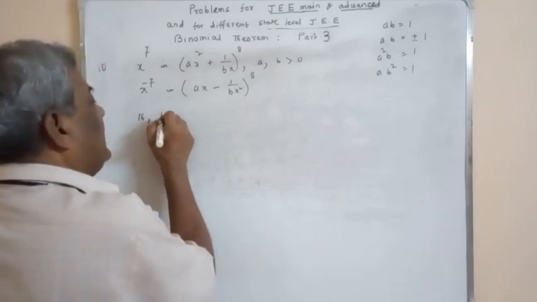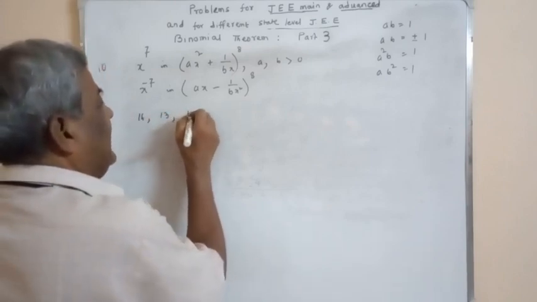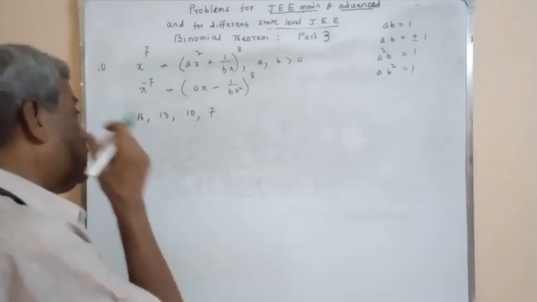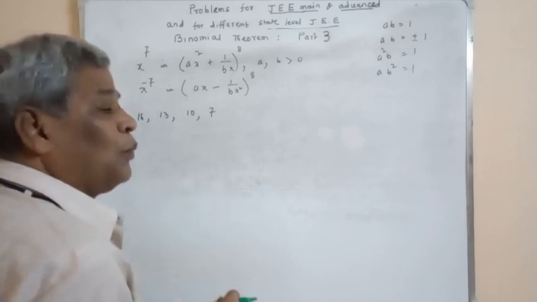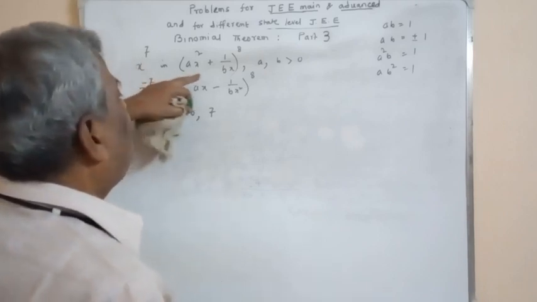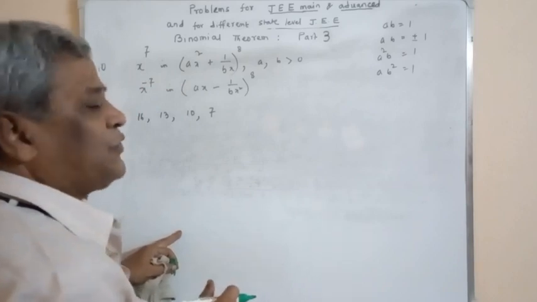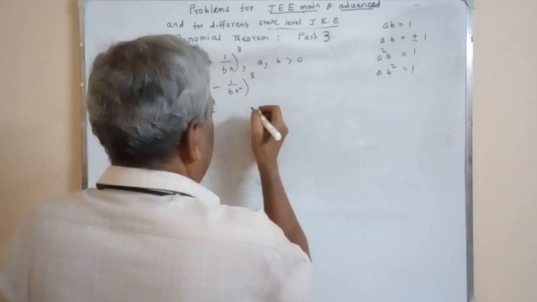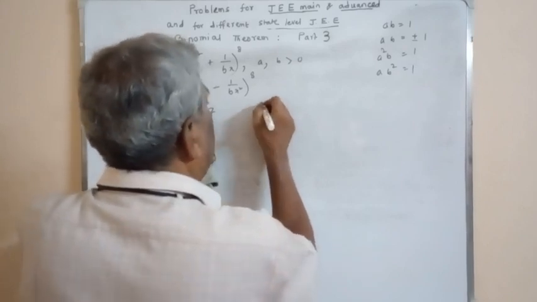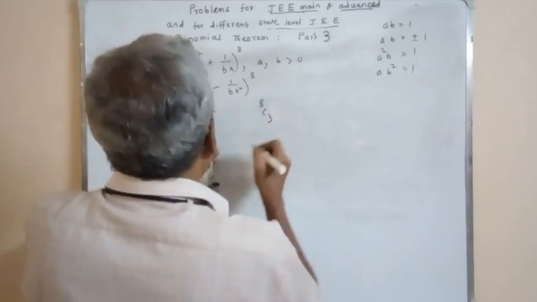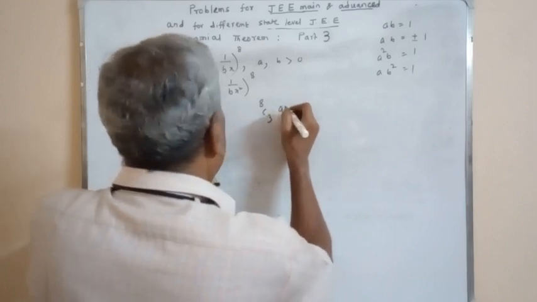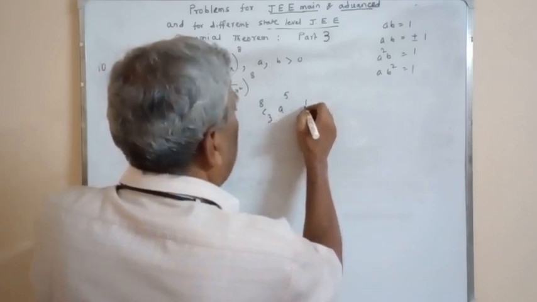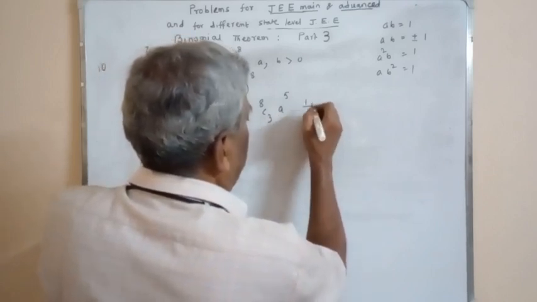So it is 13, next term 10, next term 7, x to the power 7. So 1, 2, 3, 4, the fourth term of that expansion consists of x to the power 7, and its coefficient, the fourth term, means 8c3 into a to the power 5 into 1 by b to the power 3.